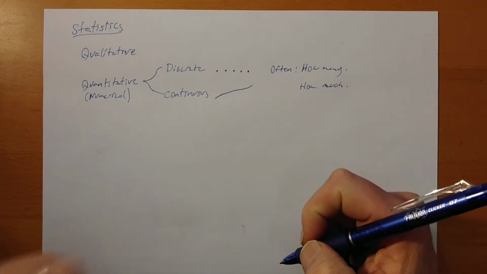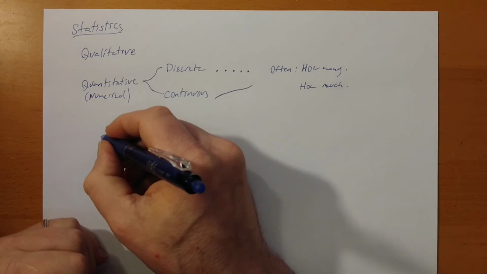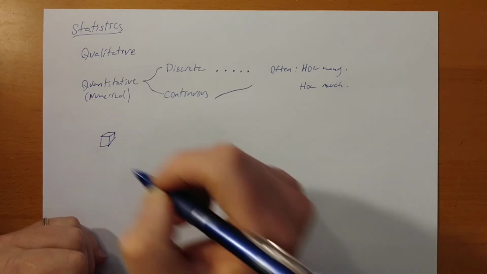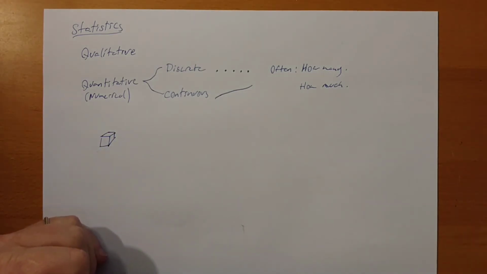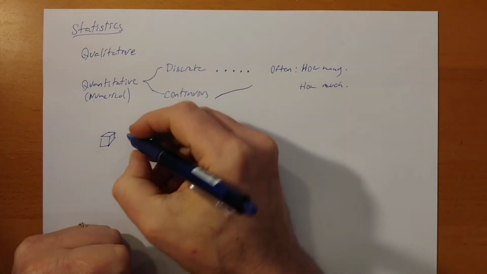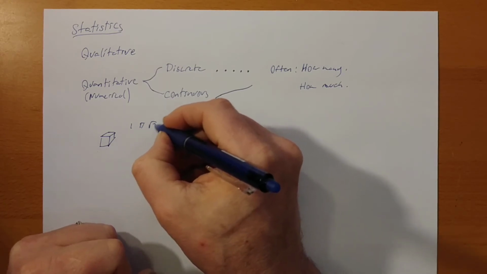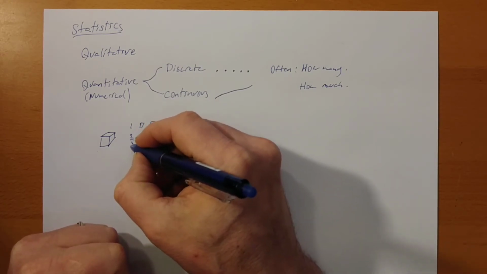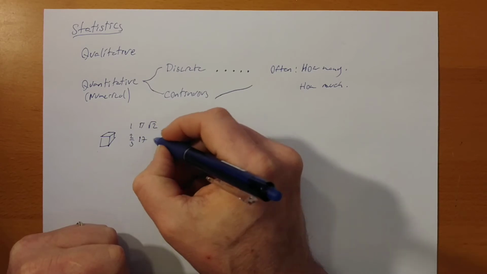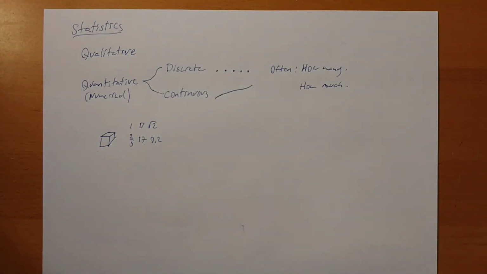If I take a die, for example, and throw it, or 1, 2, 3, 4, 5, 6, that will be discrete data. But even if on the sides I write the numbers 1, pi, square root of 2, 2/3, 17 and 0.2, so that those are the possible results from throwing the die, it will be discrete data.